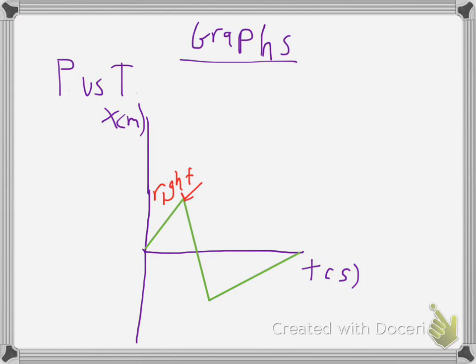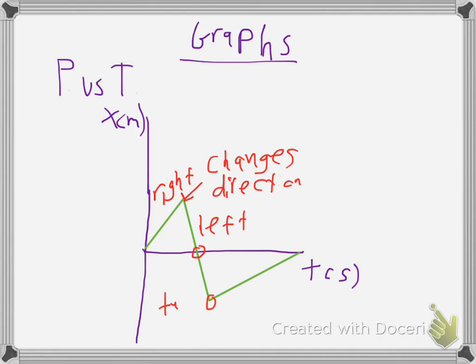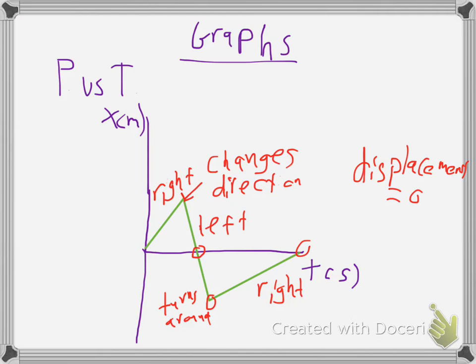At this point, it changes directions, so it's going to turn around. It's moving left here. It goes past the origin. Remember, this is the origin here. And then right here, it turns around again, moves right, and finishes at the origin. What's kind of funny about this example is there's no displacement. Displacement is equal to 0, since it starts and finishes at the same point.